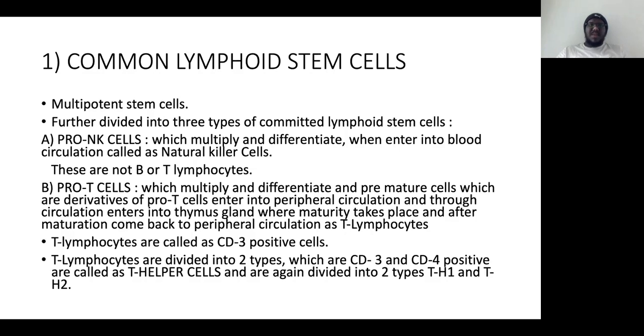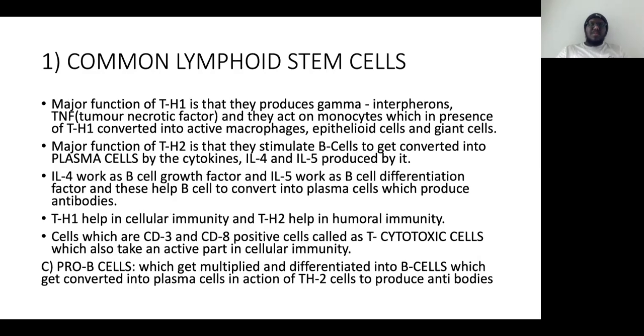T lymphocytes are divided into two types. Those which are CD3 and CD4 positive are called T helper cells, and are again divided into two types, Th1 and Th2. The major function of Th1 is that they produce gamma interferon and TNF, which is tumor necrosis factor, and they act on monocytes, which in the presence of Th1 are converted into active macrophages, epithelioid cells, and giant cells.